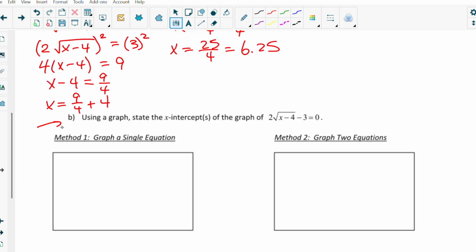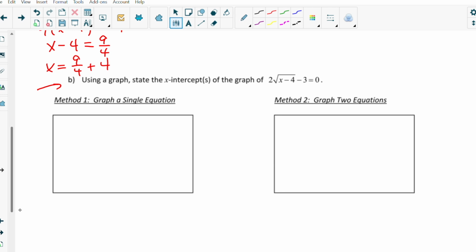Using a graph, letter B, state the x-intercepts of the graph of 2 times the square root of x minus 4, minus 3 equals 0. Method 1, graph a single equation. So if I look at it like this, and I graph this, that's at 4, -3, and 6.25, 0.